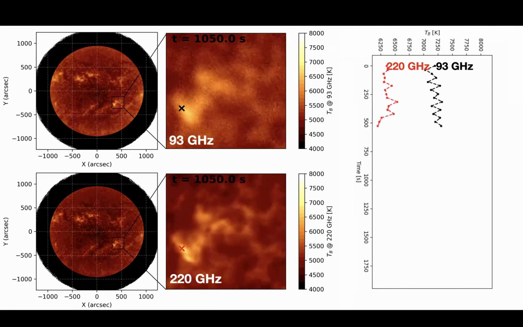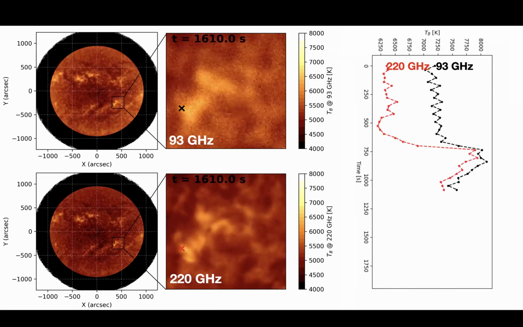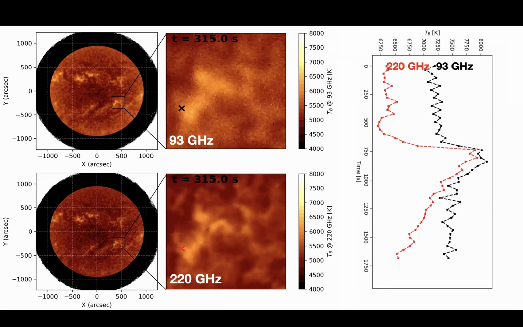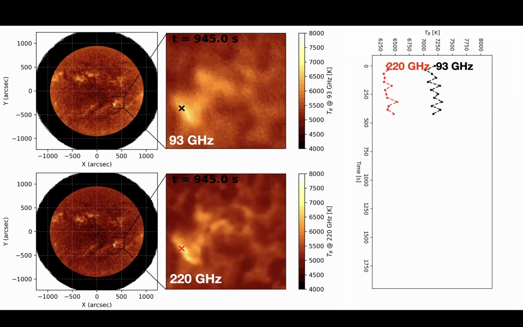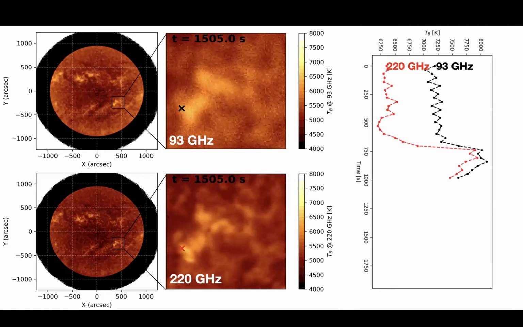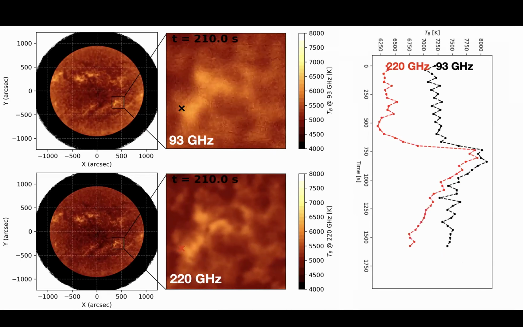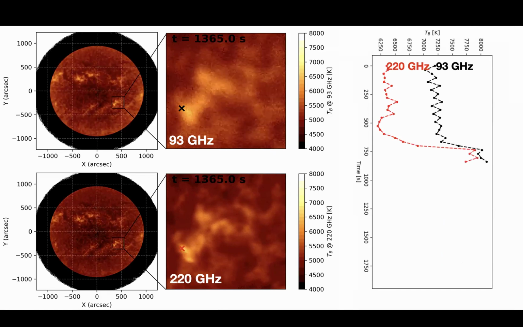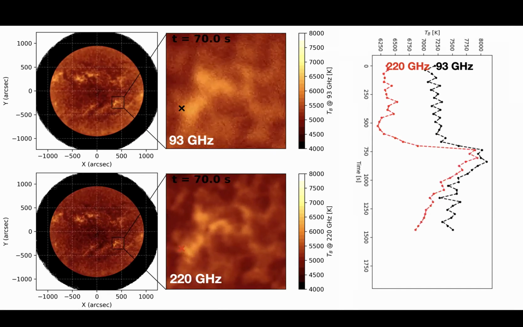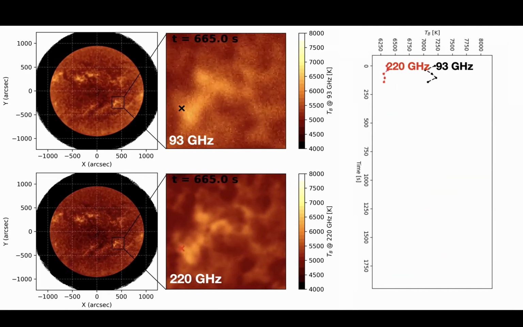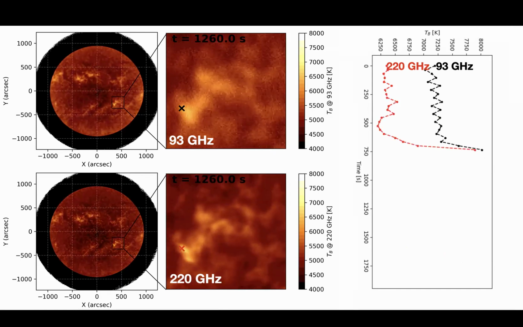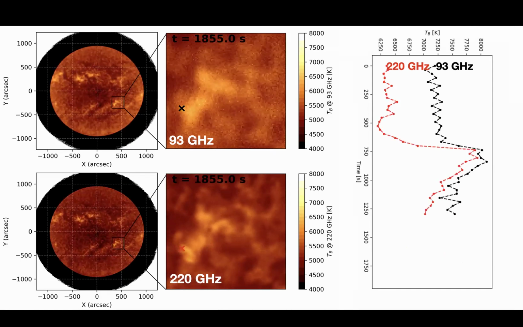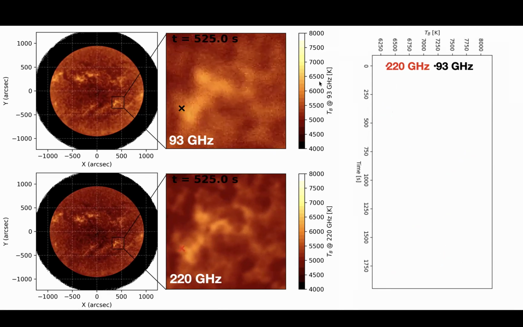So now we have zoomed in to the black box covering the active region where the flare occurs. You have the 93 gigahertz case at the top row and the 220 gigahertz case at the bottom row. And you can really see that the flare is captured well. You can make out the structure of the active region and the flare itself.